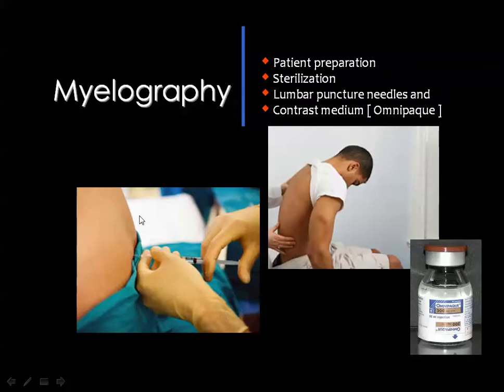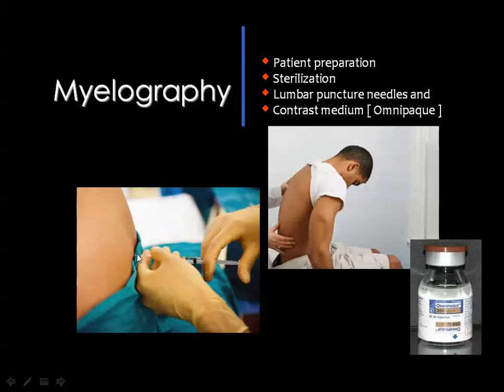Usually, we sterilize the back of the patient, and we palpate the spinous process of the vertebra, and we introduce a lumbar puncture needle between the spinous processes of the spine, aiming at the thecal sac inside the spinal canal. Usually, the level we select is between L3 and L4.